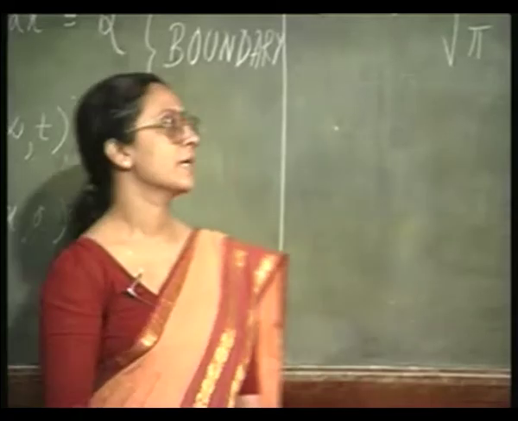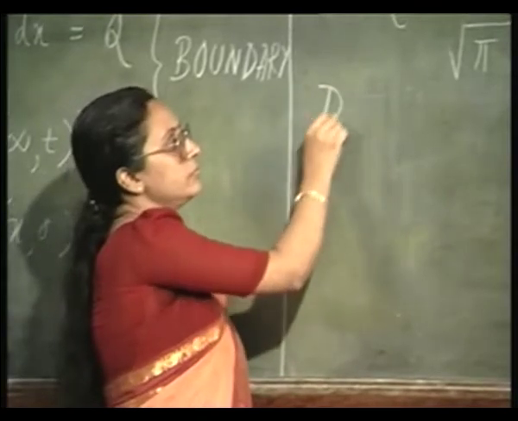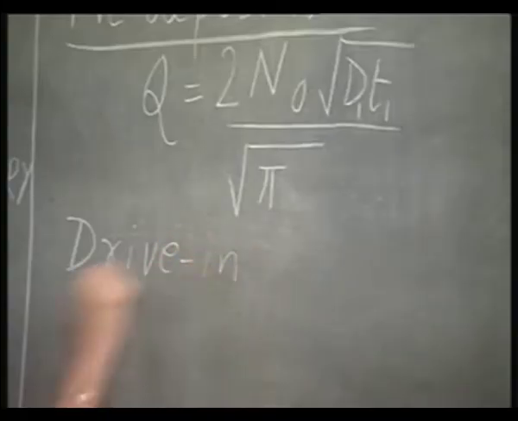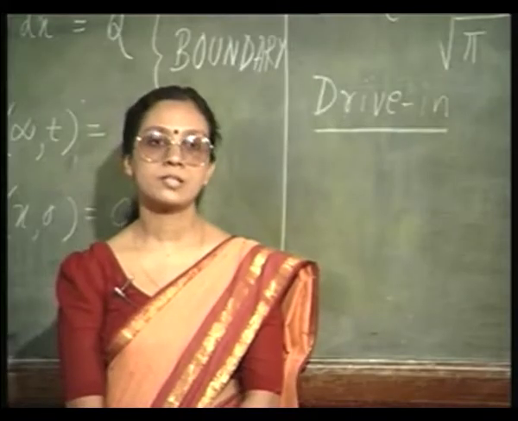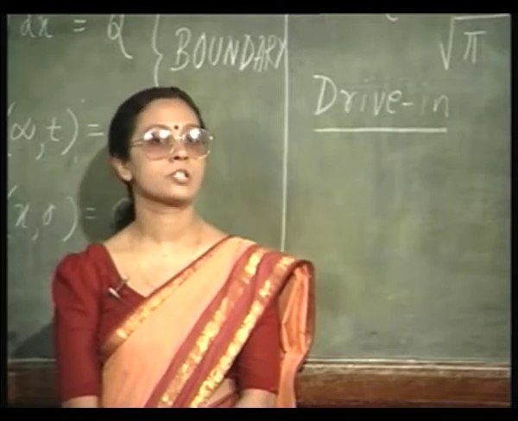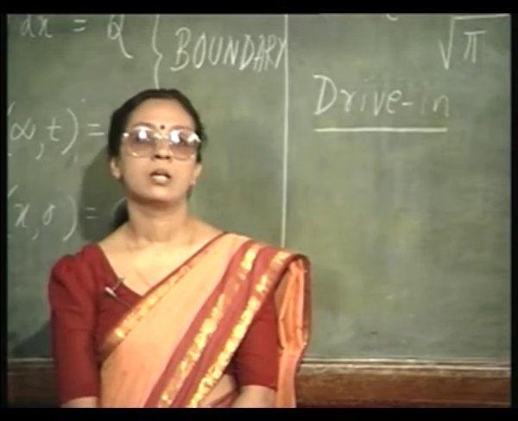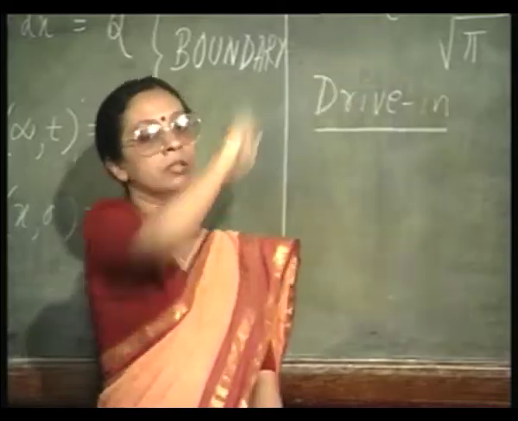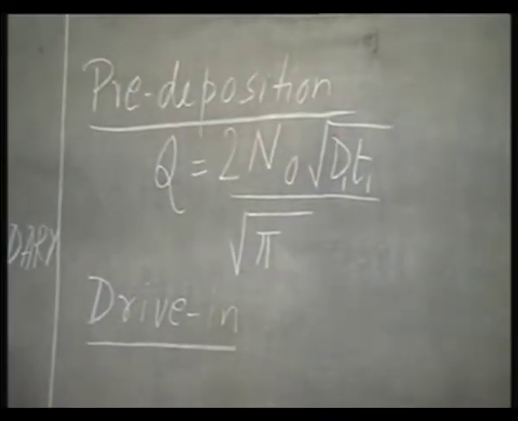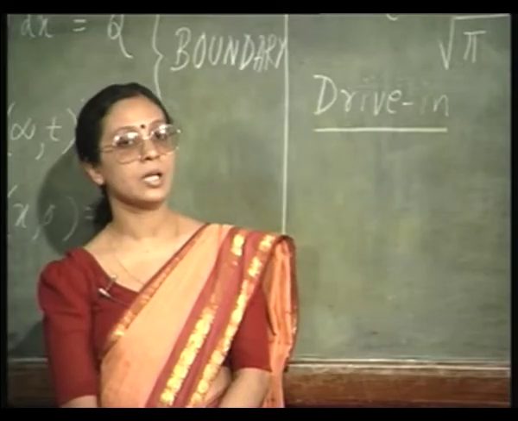Now, in the second step, the samples are subjected to drive-in. Drive-in is nothing but the constant total impurity case, that is, now the source has been shut and this amount of impurity is going to be there, that is the total amount of impurity.